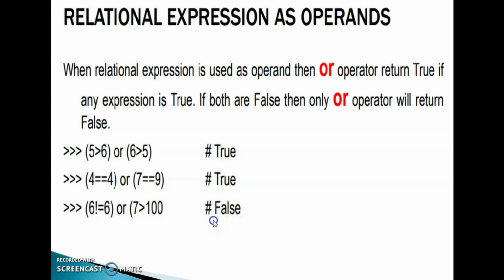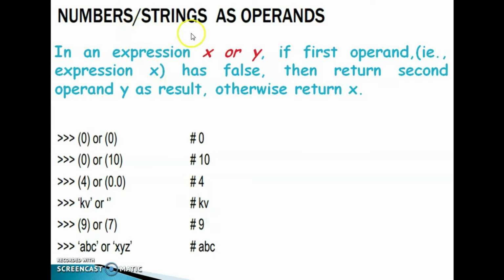Okay. The next one, numbers, strings as operands. In an expression x or y, if the first operand, that is expression x, is false, then return the second operand y as the result.